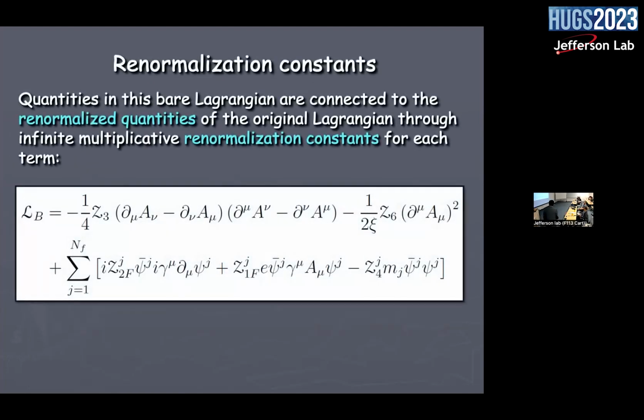Now, quantities in this bare Lagrangian are connected to the renormalized quantities of the original Lagrangian through infinite multiplicative renormalization constants, okay? As I told you, if this was the original Lagrangian, you could add another term, and then what was already there, the 1 sitting here, plus that something else, I call it Z3.